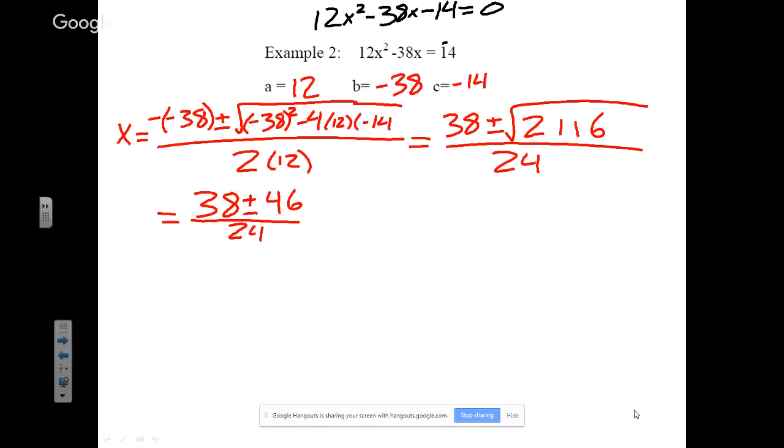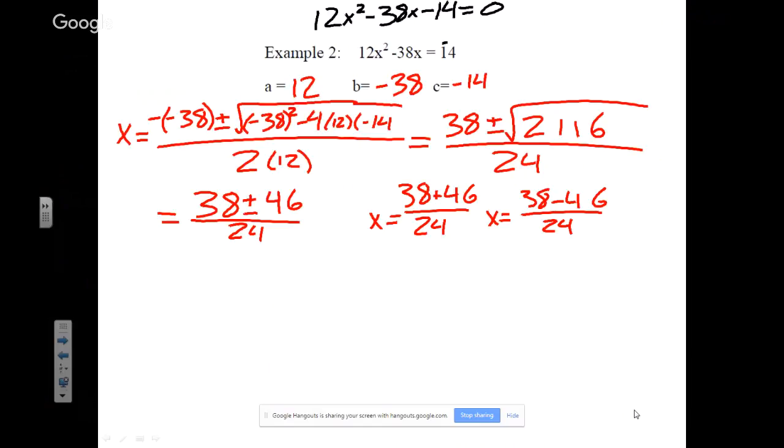So then we get into our two answers. x equals 38 plus 46 divided by 24. The second one is going to be 38 minus 46 divided by 24. So those are our two answers, but we can simplify those down a little more.